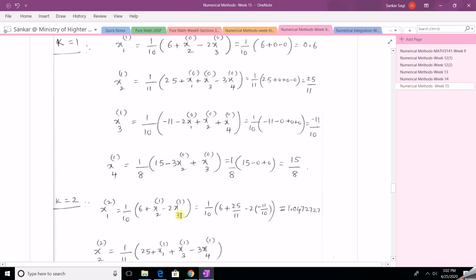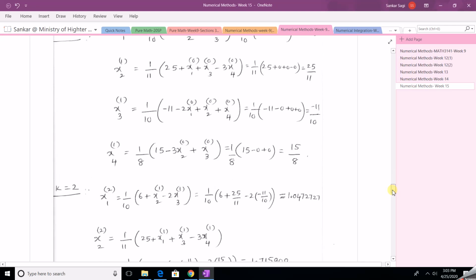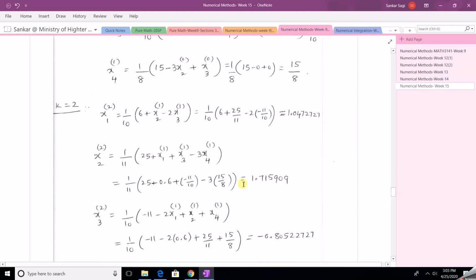We substitute that value here, and if we simplify you are getting 1.0472727. Similarly, we go for the second approximation of x2: x2 2 equal to 1/11 times 25 plus x1 1, x3 1 minus 3x4 1.